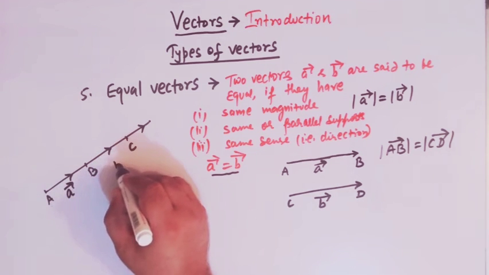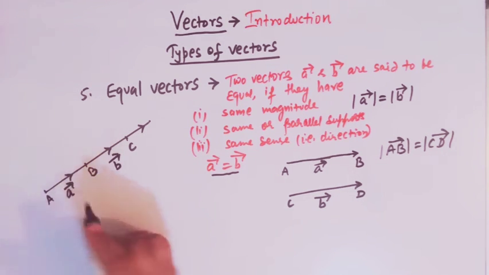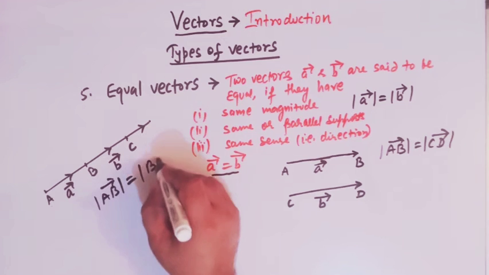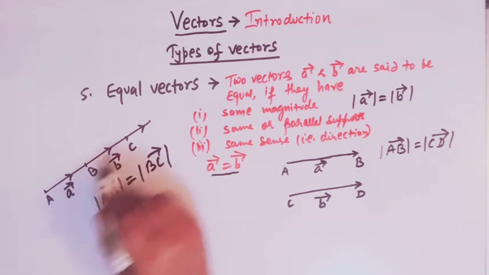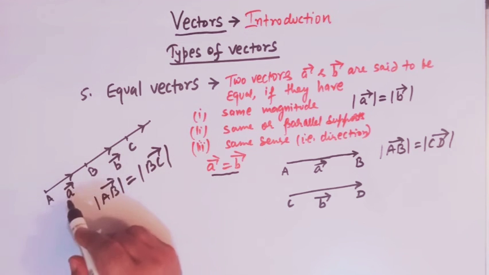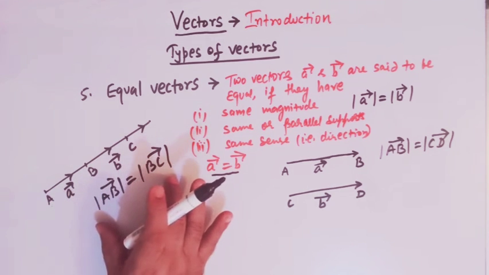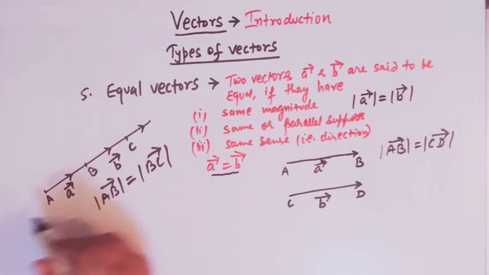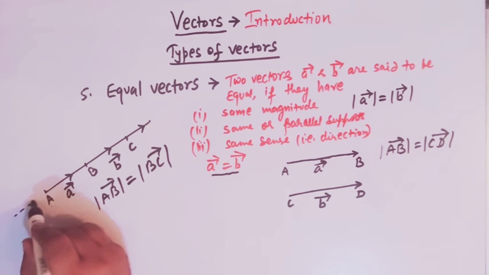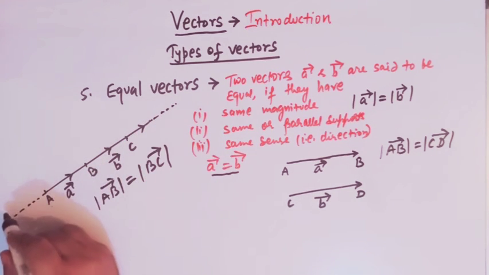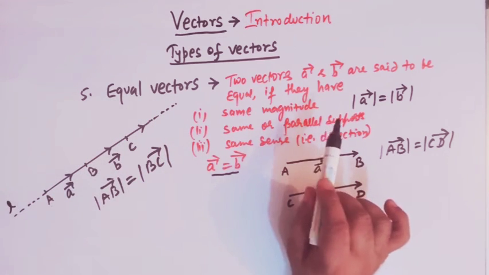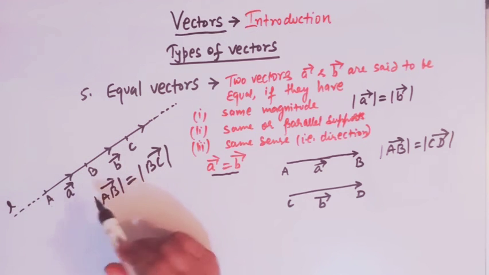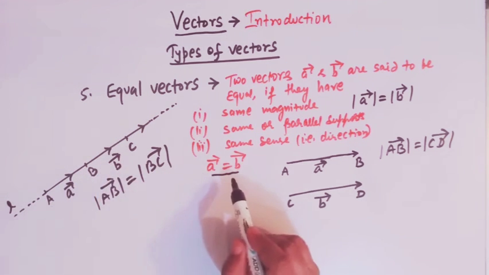So let us say this is vector B. Now if the length of vector AB is equal to the length of vector BC, and since the directions are the same and the magnitudes of vector A and vector B are the same, and they have the same or parallel supports, and these two vectors are lying on this line L, therefore these two vectors are said to be equal.